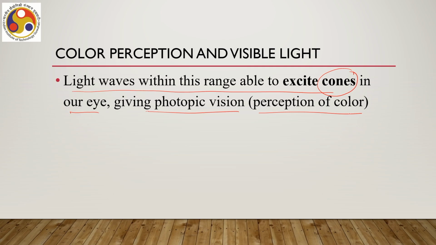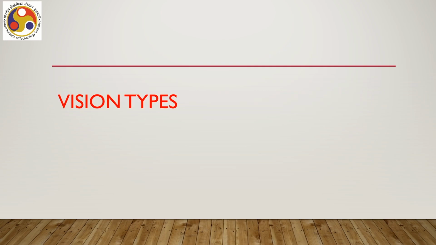Light outside this range cannot excite the photoreceptors, that is the cones, so we do not get any color perception. That is the basic idea of how we perceive color.